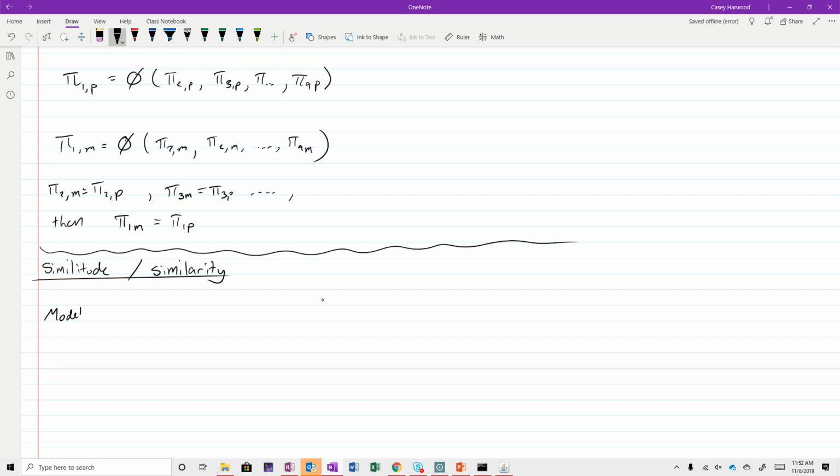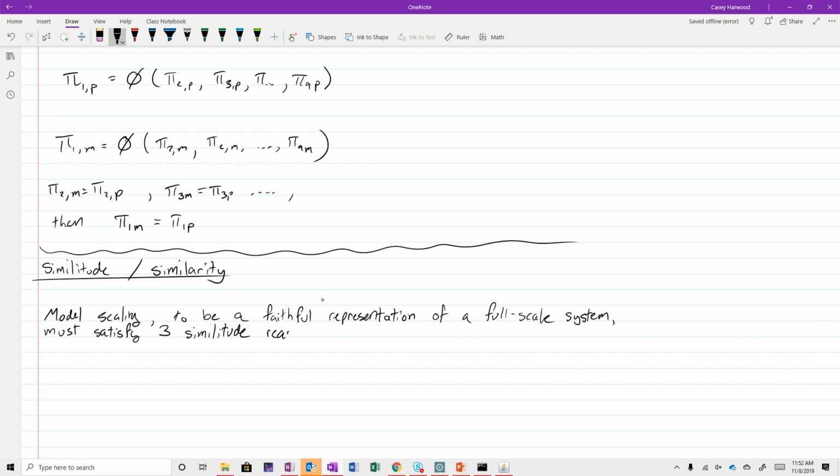And model scaling, to be a faithful representation of a full-scale system, must satisfy all three of these similitude requirements.